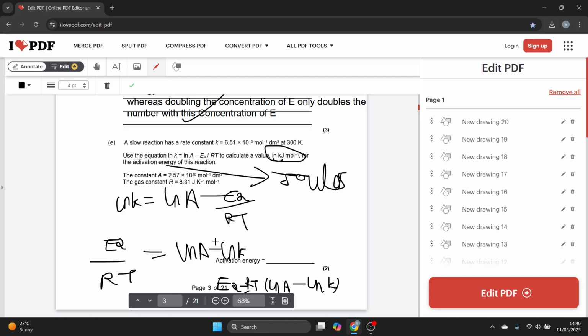Okay, I think I've done something wrong here. So temperature: 8.31 times 300, ln A, 2.57 times 10 to the power 10, minus ln k, 6.51 times 10 to the power minus 3. Yeah, and then divide by 1000. 72.3.